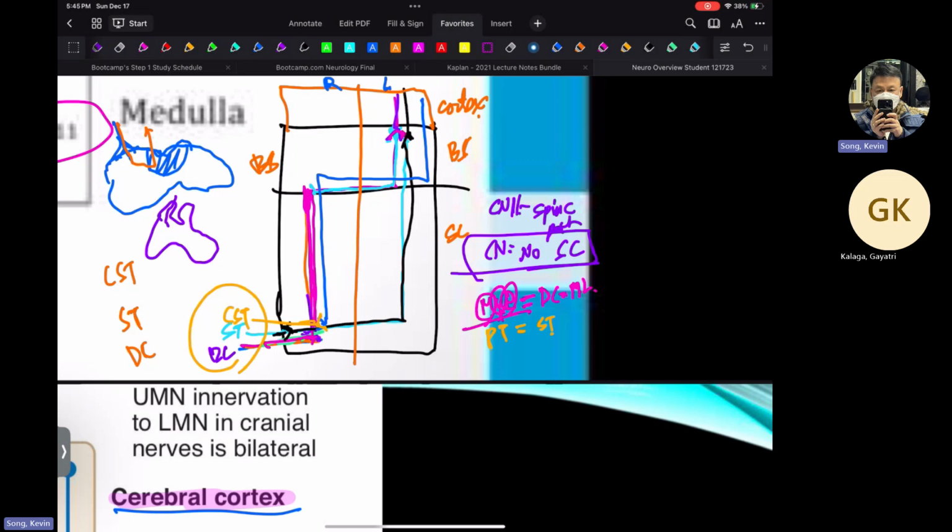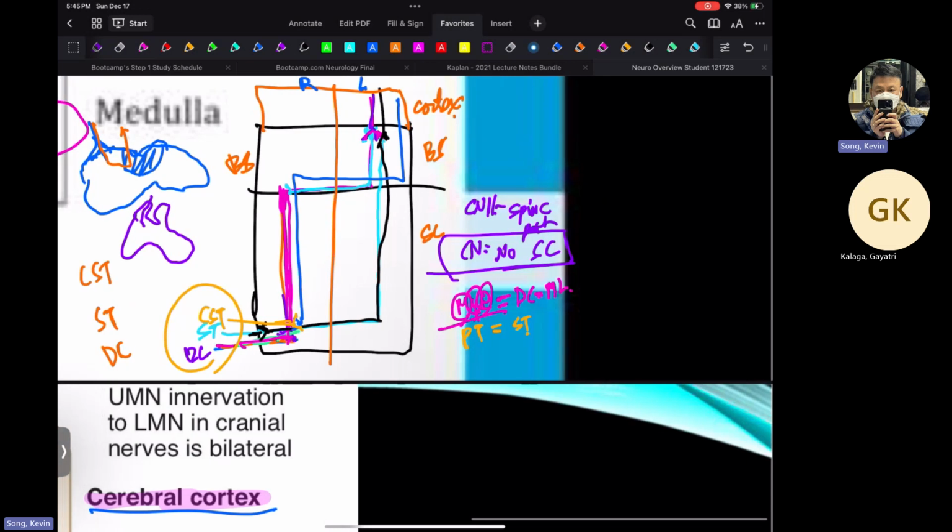If I had a lesion in the right side of the spinal cord here, do I have an impact on pain and temperature sensation? Remember the spinothalamic tract, I drew it here with the black line.